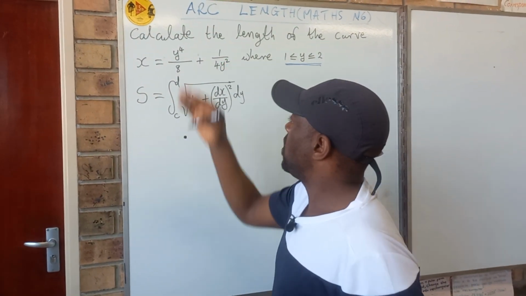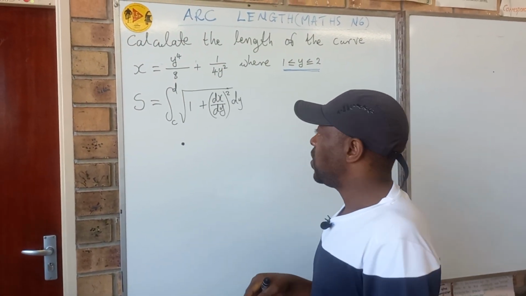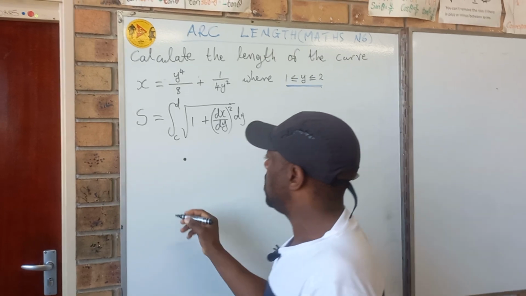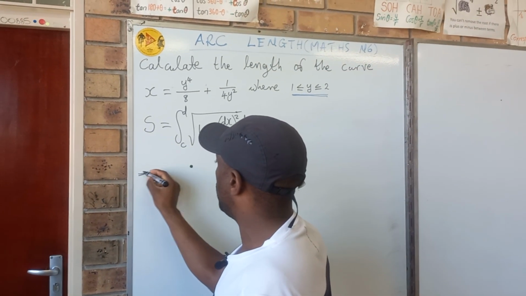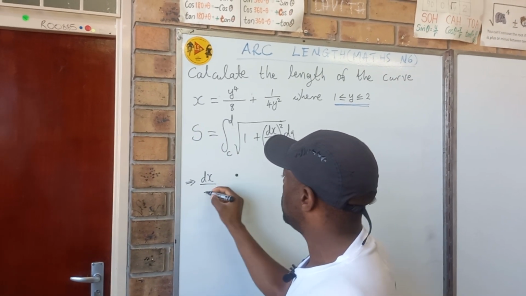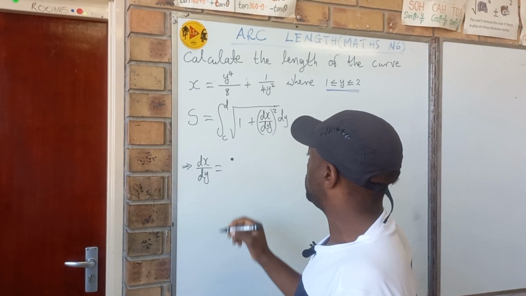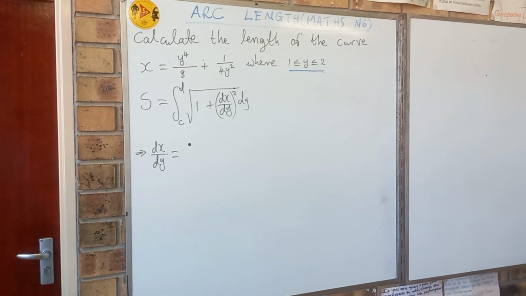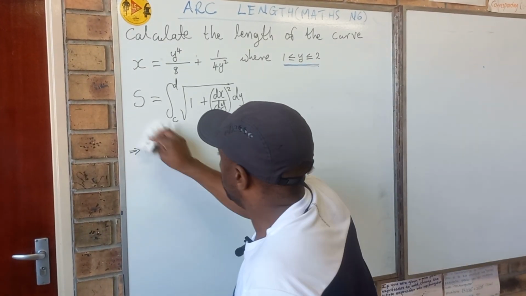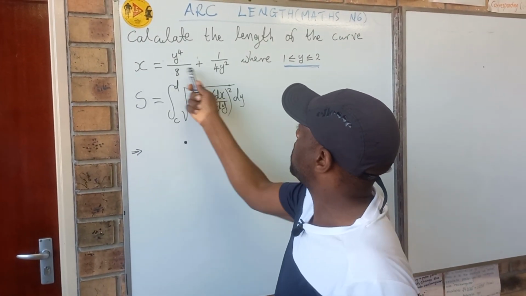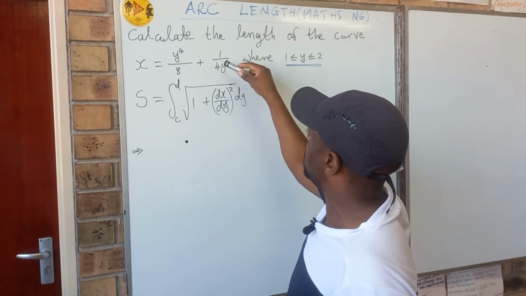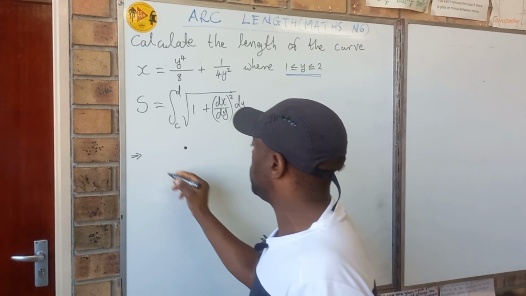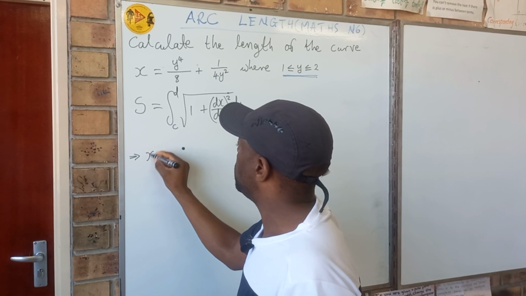So here we're looking at our equation. It is already making x the subject, so we'll go on and look for dx over dy. But before we go there, I can see a little problem. They've made x the subject, but y is at the denominator. That is not possible to differentiate.